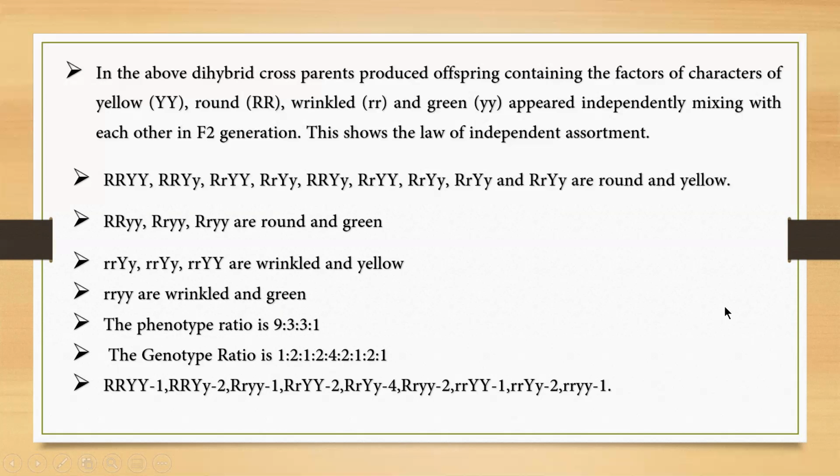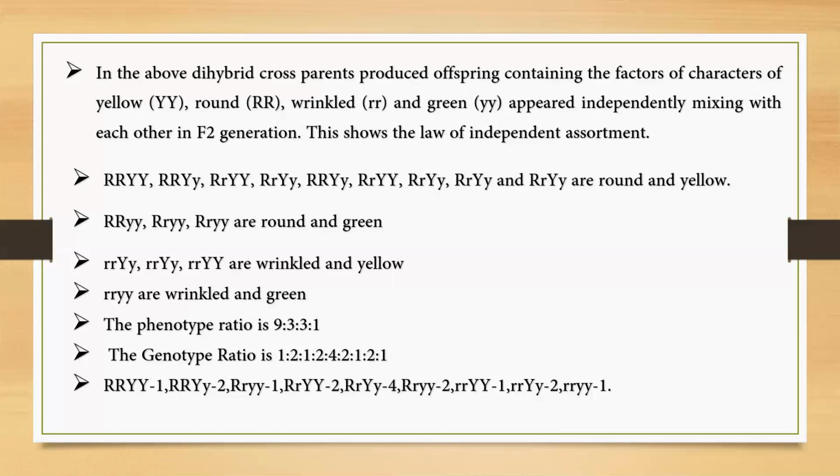In the dihybrid cross, the parents produce offspring containing different factors of characters, like pure line yellow, pure line round, pure line wrinkled, and pure line green. Those appear independently of each other in the F2 generation.